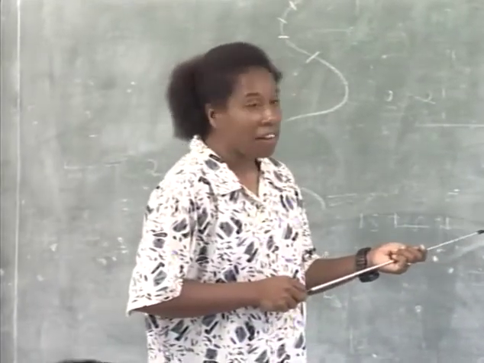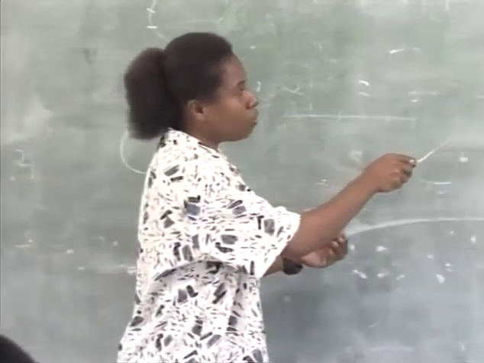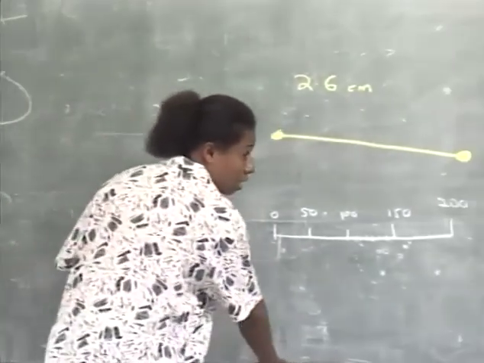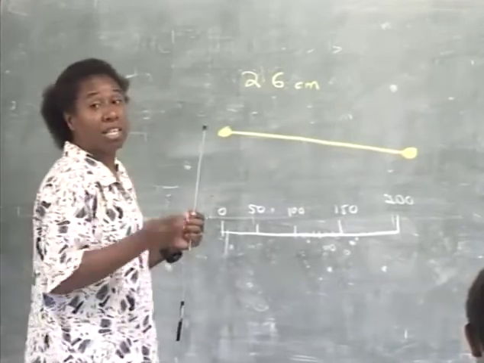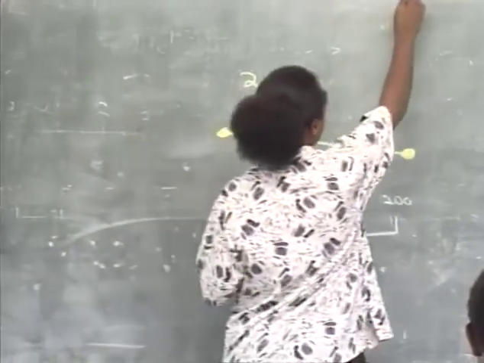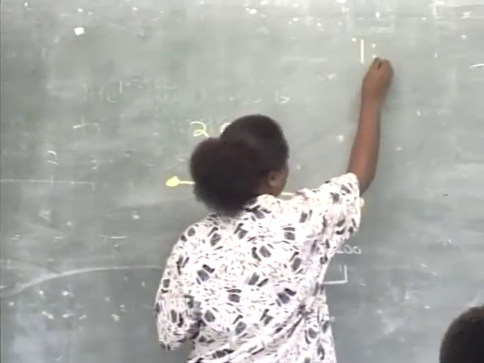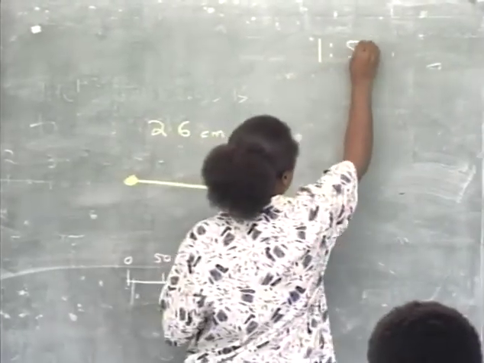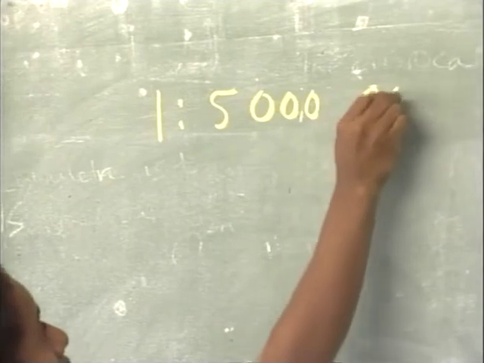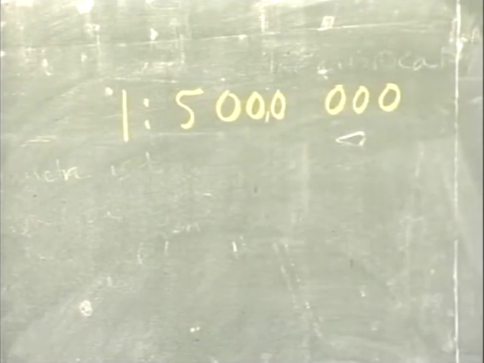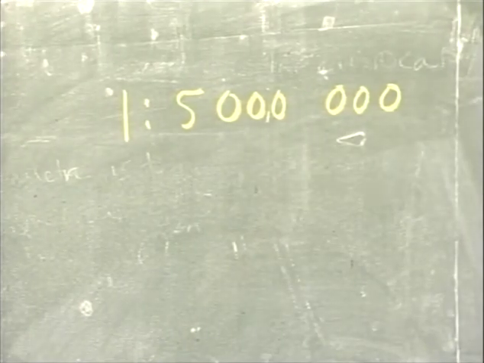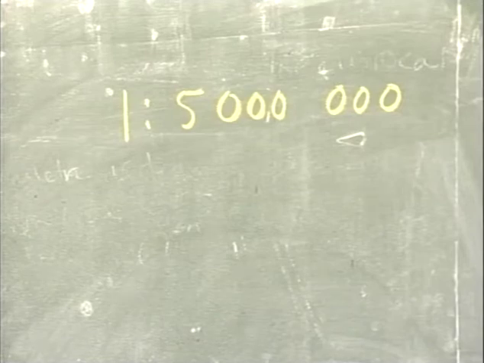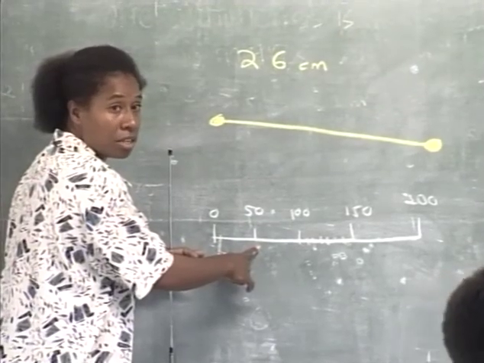The next way of finding the distance, knowing what we've got here already, is we can use the representative fraction given. And the representative fraction given is 1:5 million. So that's the scale of that map, 1:5 million, which is the same given on a linear scale of 1 centimeter to be represented by 50 kilometers.